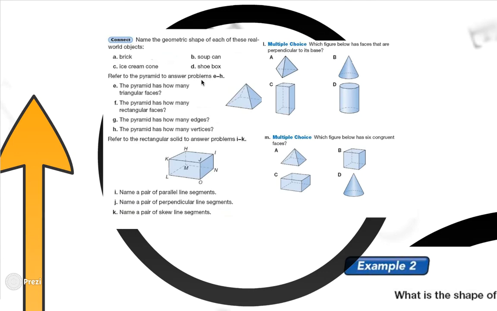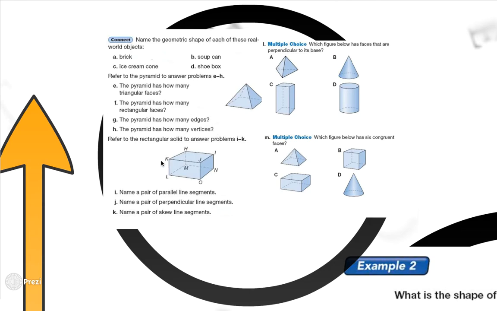Okay, and then this part you might have trouble with. Remember, the edges are basically the lines of the shape. Okay, so where your faces meet are the edges, and then your vertices are the points of your object. Okay, so that's how you find letter H.